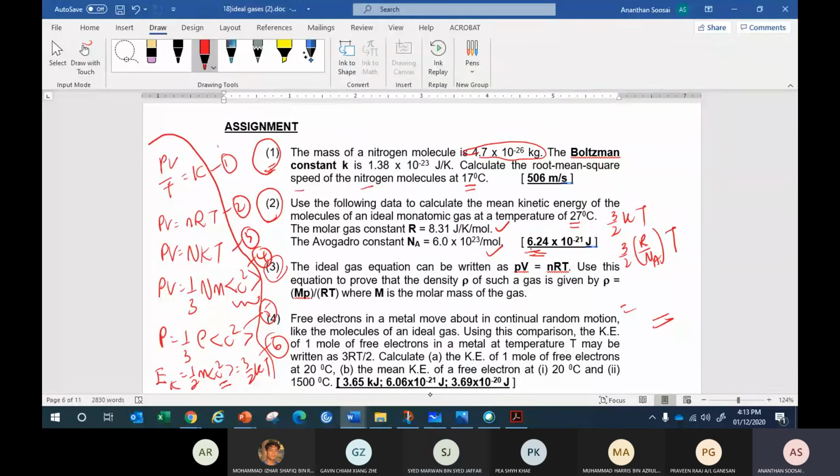Number 3 is proving. Show that the density is MP over RT. M is the molar mass of the gas. From PV equals nRT, you must bring density into this formula, and you need to show this.